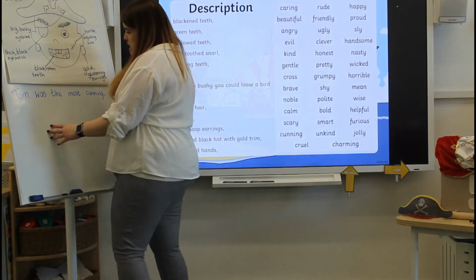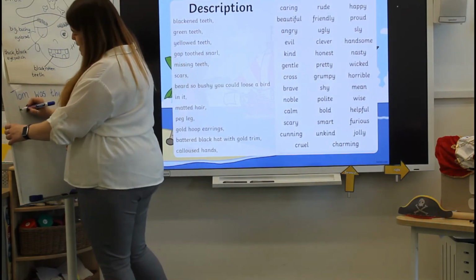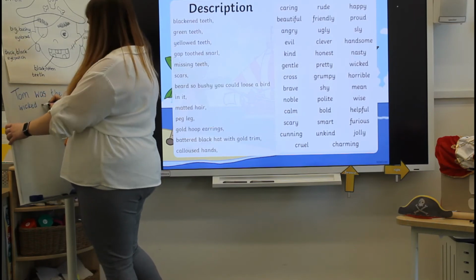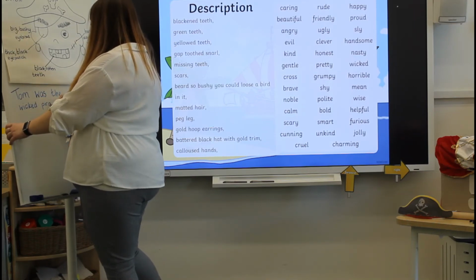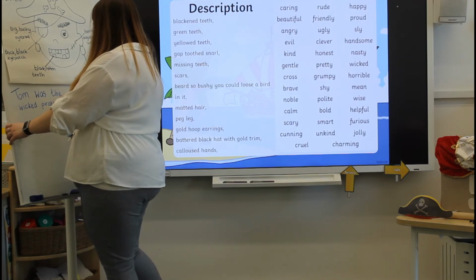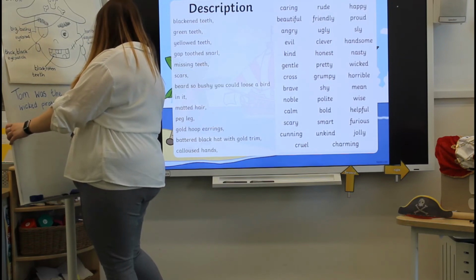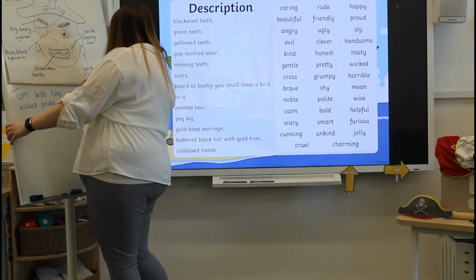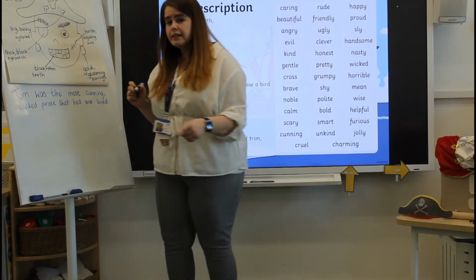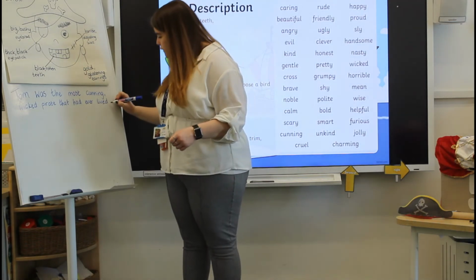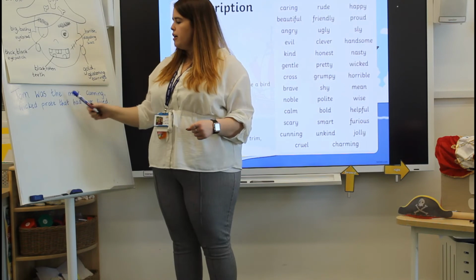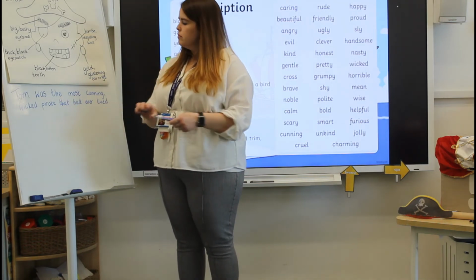The most cunning, wicked pirate that had ever lived. What do I need at the end of my sentence? Oh, stop. Tom was the most cunning, wicked pirate that had ever lived.